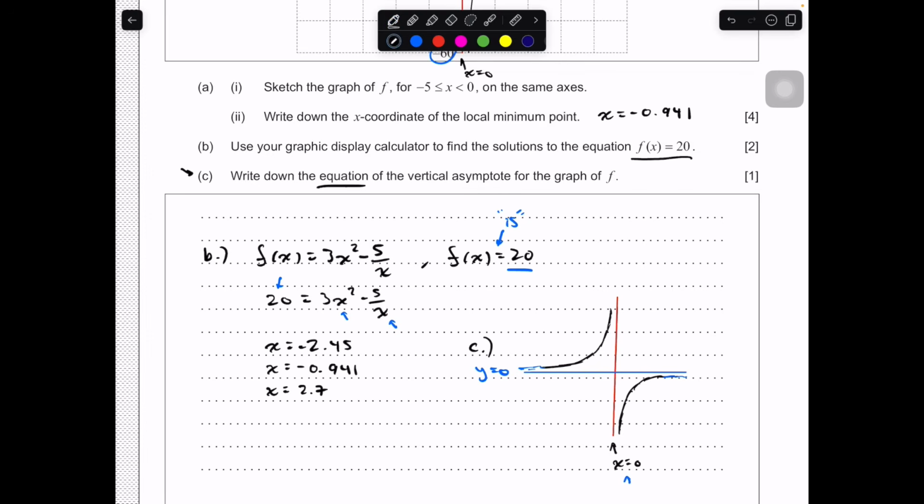And lastly, they're asking us to write this as an equation. So please do not forget the equal sign. X is equal to 0 for vertical lines. Let me just show one other example really quick.